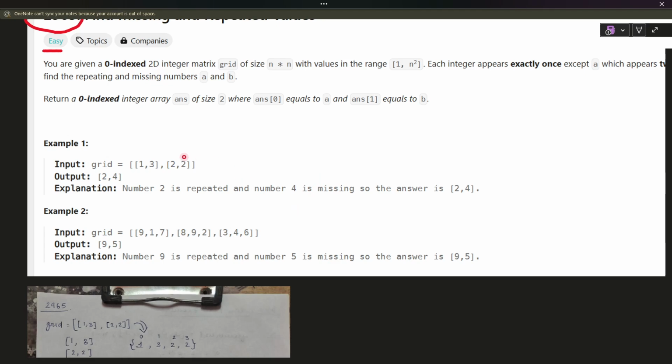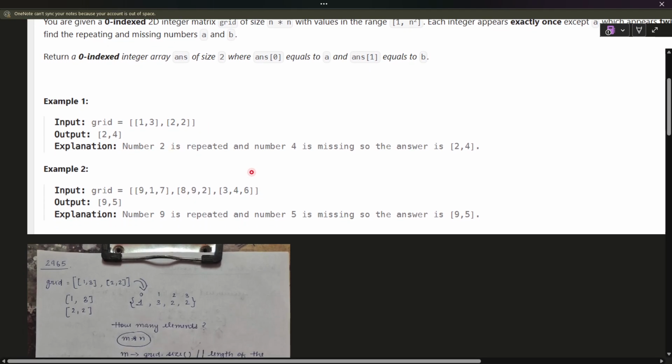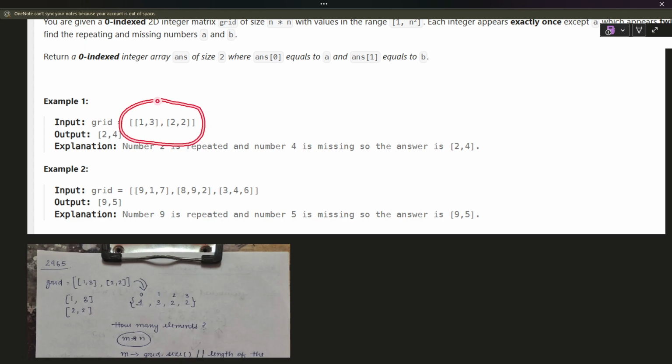Let me break it down. We are given a 2D matrix, right? What if we were given a 1D array? The problem would be similar. I don't think there's any difference.